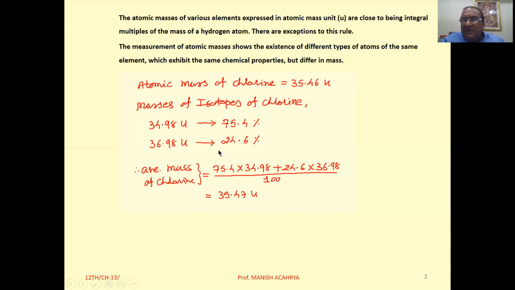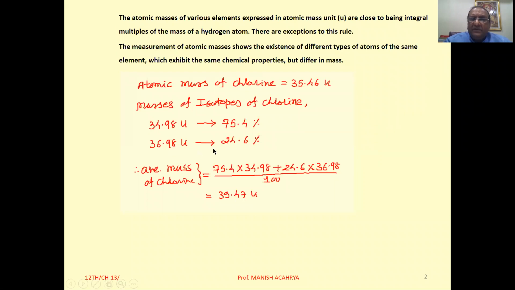Suppose one isotope has the mass 34.98 u and another has the mass 36.98 u.